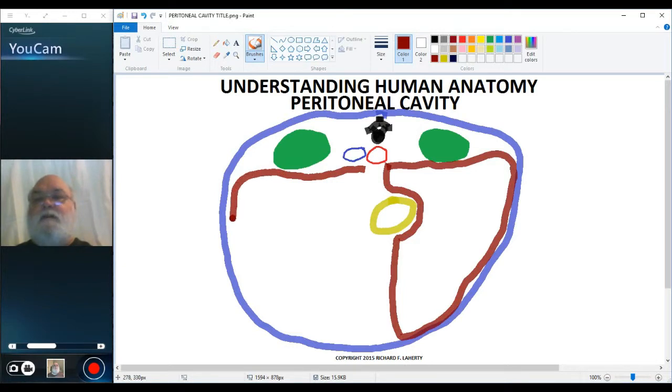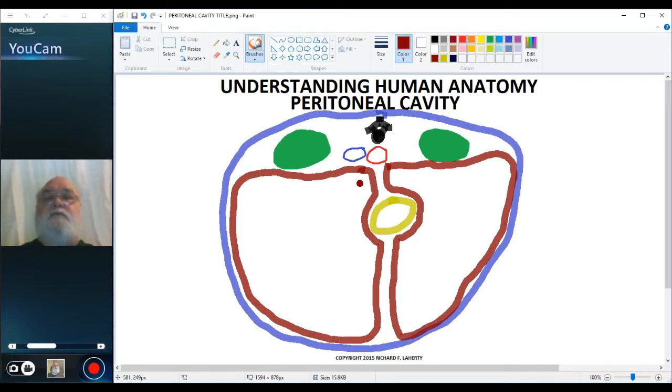And the parietal peritoneum on the other side. Completing our ventral mesentery, wrapping around to form the dorsal mesentery.